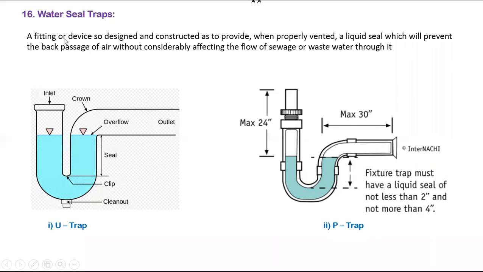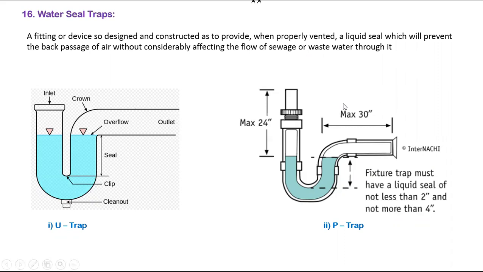The device is so designed and constructed as to provide a properly ventilated liquid seal which will prevent the back passage of air without considerably affecting the flow of sewage or wastewater through it.